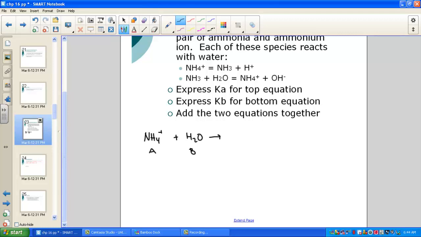Acids we know are proton donors, so the ammonium donates its proton to the water. Ammonia, the conjugate base of ammonium, forms, and the hydronium ion, H3O+, the conjugate acid of water. Remember, we are just doing some Bronsted-Lowry theory where we're hooking together conjugate pairs.